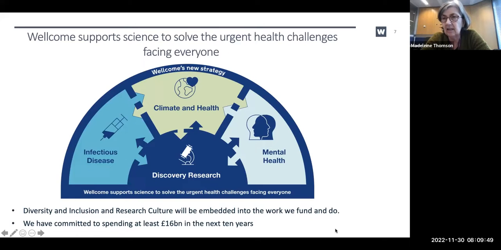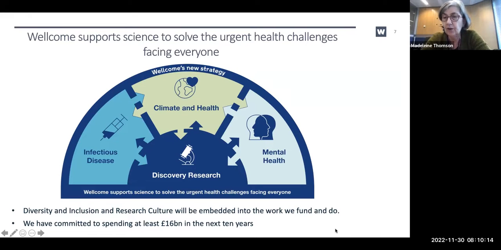And we still invest in discovery research, which we're very well known for. We continue to invest in infectious disease, which we're also very well known for. But our new challenge areas are focused on mental health and climate change and health.